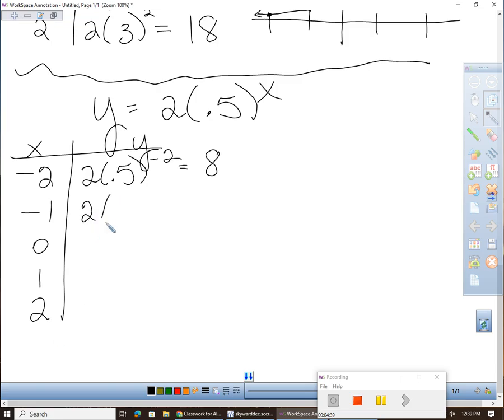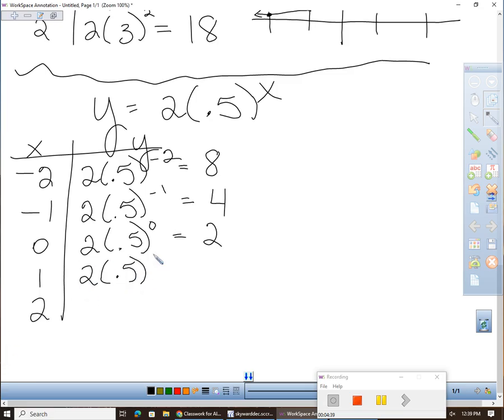Then we have 2 times 0.5 to the -1. It's going to be 4. 2 times 0.5 to the 0 is 2. 2 times 0.5 to the 1 is 1. And I have 2 times 0.5 to the second, which is 1/2.